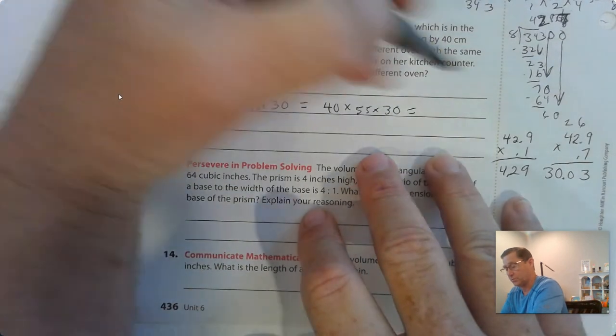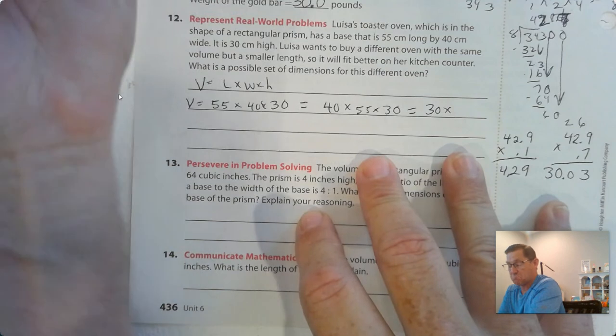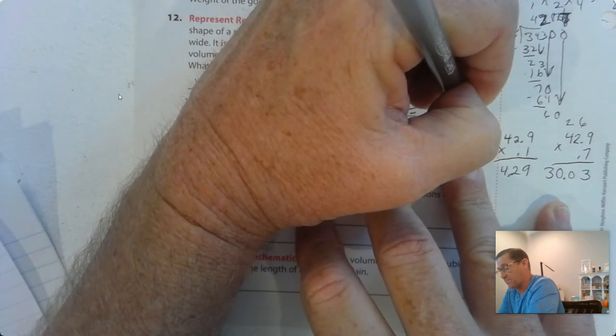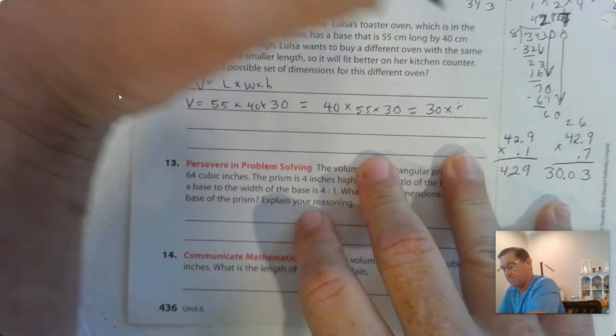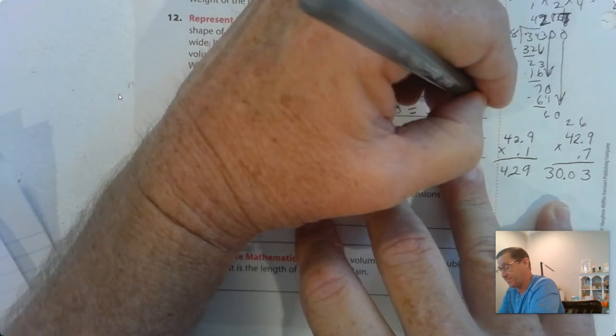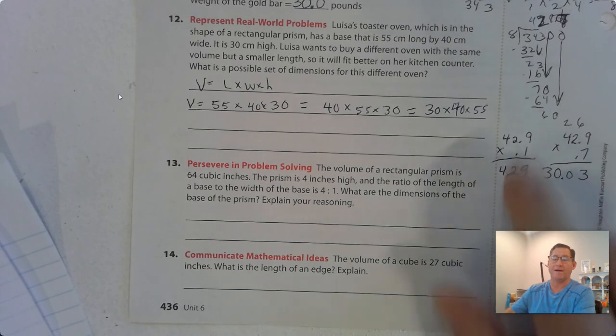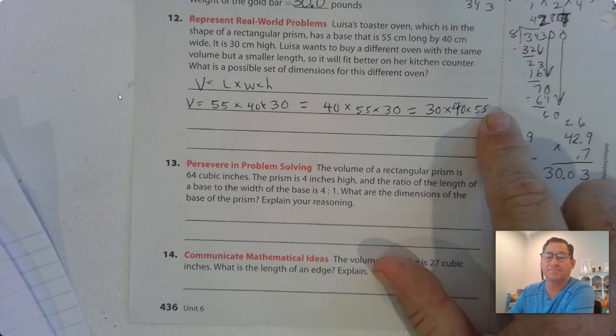Or we could also say 30 times 40 times 55 would also work, where we have a taller oven.